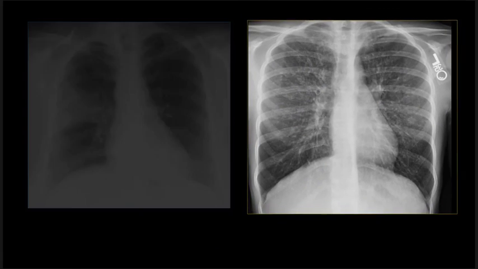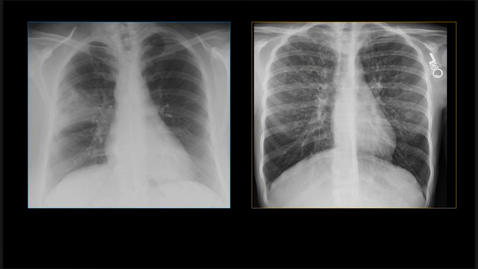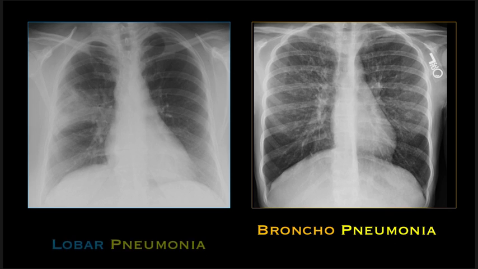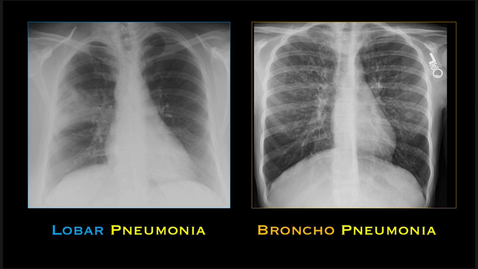So side by side, we brought back our mild to moderate bronchopneumonia here, and then this is a different example of a lobar pneumonia. This one looks less like a mass, but it still has those classic findings of an airspace opacity where it sort of looks like a cloud or cotton, and it's more confluent.